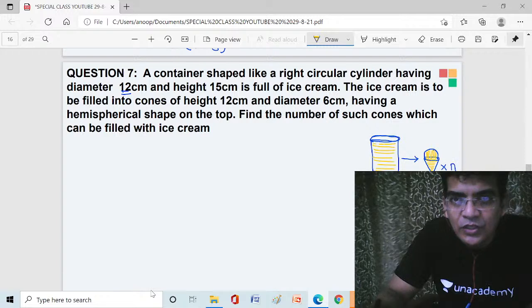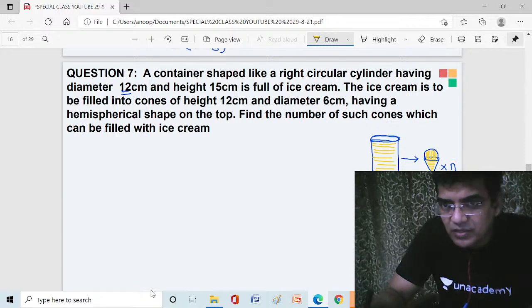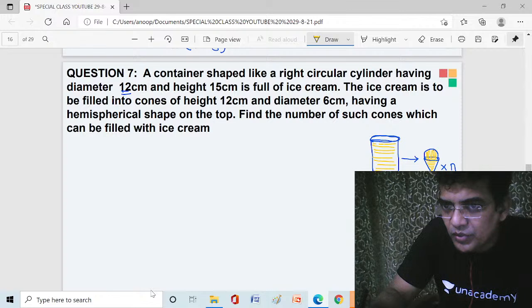So the ice cream was given two shapes, conical and then above it hemispherical. Cone and hemisphere are surmounted, so their radius will be the same. If the radius of the cone is given, the same will be the radius of the hemisphere, or if the radius of the hemisphere is given, the same will be for the cone.